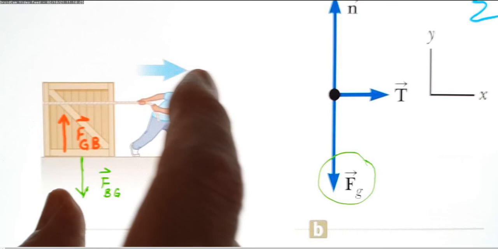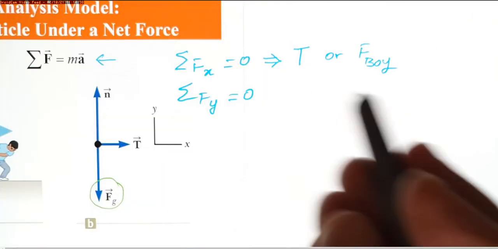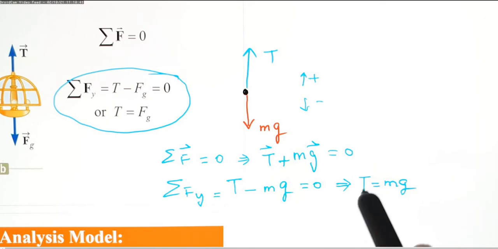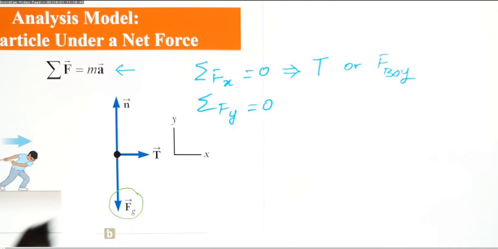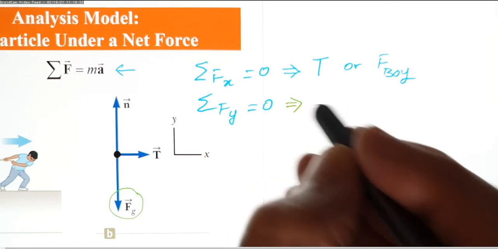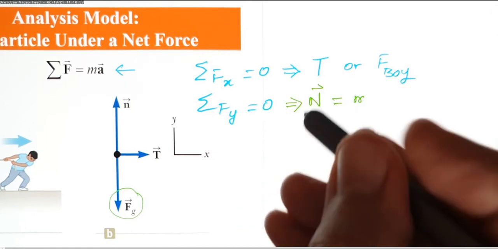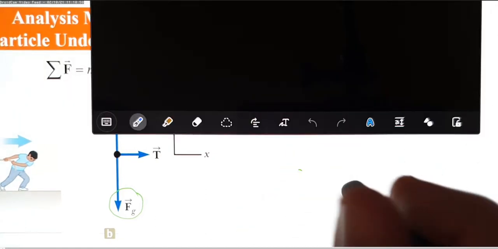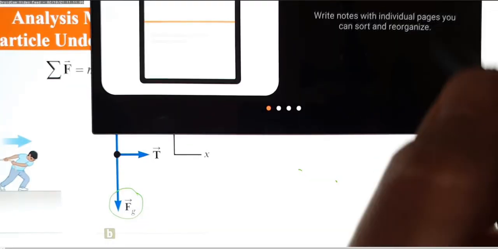Summation of forces in the y-axis is equal 0. And from the previous example, it's just tension is equal mg, and in this situation there is no rope, but we have a normal force. We have the normal force, then the normal force is equal, be careful, no vector, just quantity.